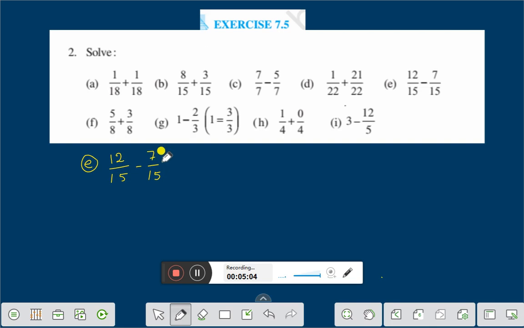Here you see the denominator is same, therefore it will be 15, and it is 12 minus 7, and 12 minus 7 is 5. 5 by 15. If we change into lowest term, 5 ones are 5, 5 threes are 15, the answer will be 1 by 3. 1 by 3 is the answer.